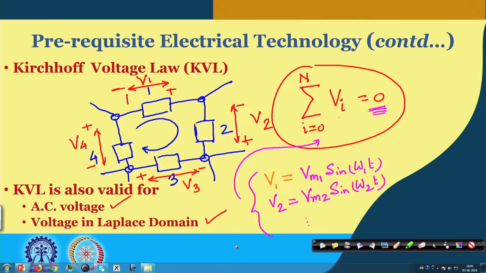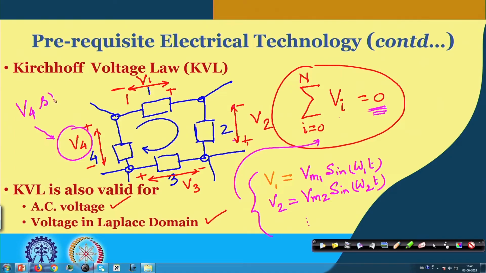And this equation may be a fundamental equation to find the expression of one of these signals in terms of the remaining unknown signals. And this is also valid in general, if each of these signals is general in nature, and if you convert those time domain signals into Laplace domain signals.